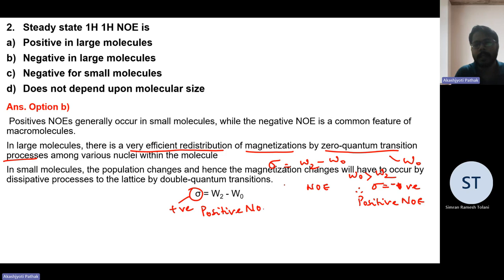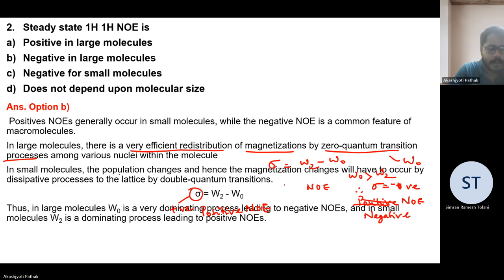So positive NOE in case of small molecules and negative NOE in case of large molecules.